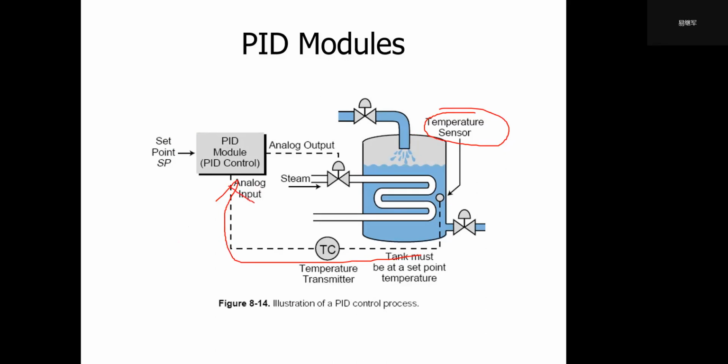The PID module outputs the control to the air valve and controls the temperature in the tank.